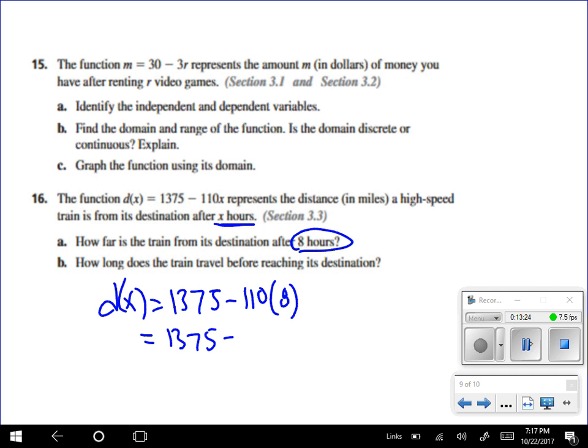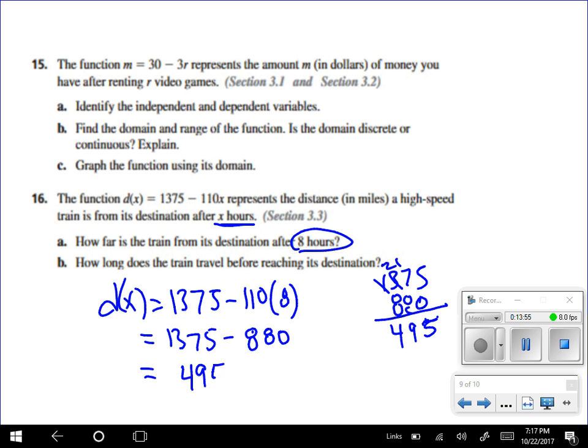Eight times 110, 880, and then 1375 minus 880. Borrow there. 13 minus 8 will give us 9. 495 miles from its destination.